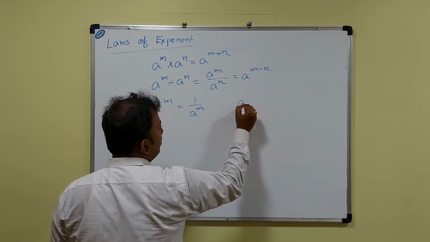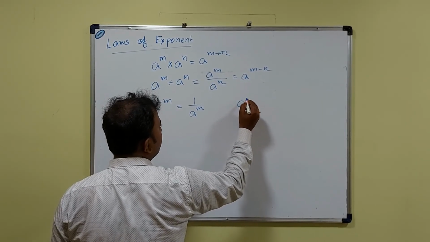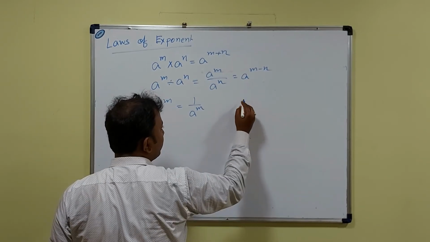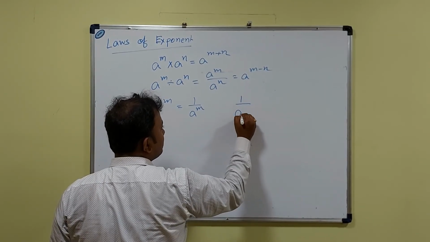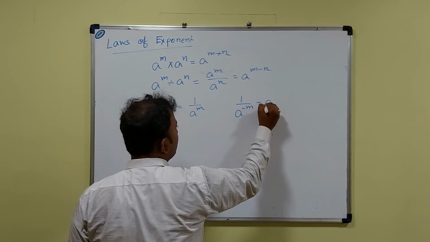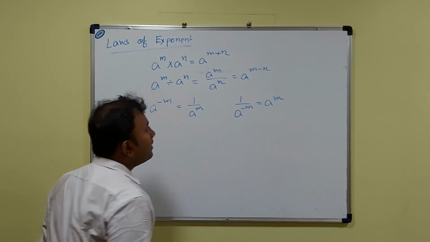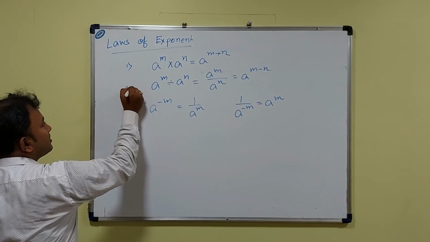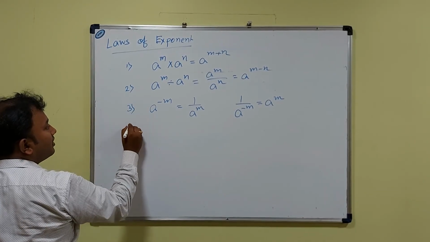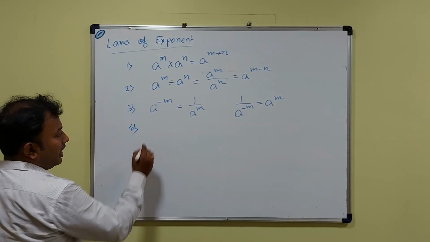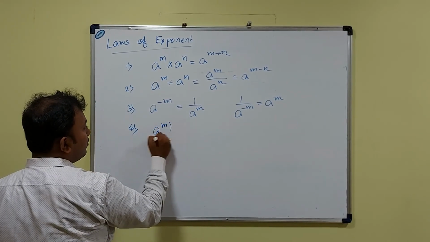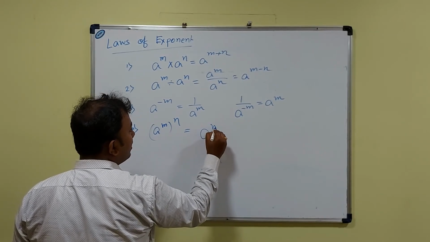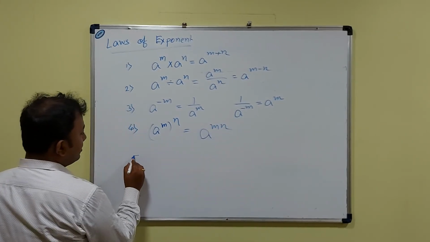This also, 1 by a to the power minus m is equal to a to the power m. Then a to the power m whole to the power n is equal to a to the power mn.